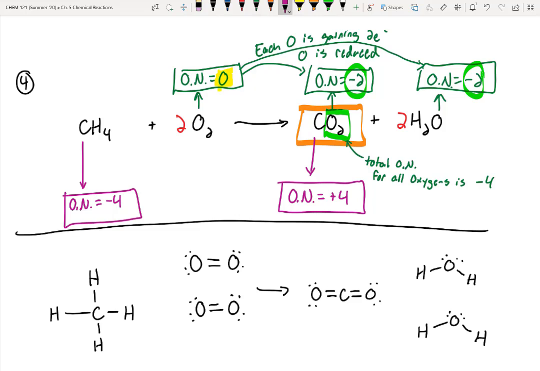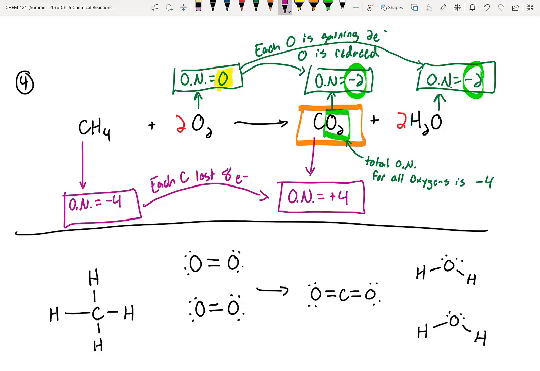Okay, so now we can look at this and ask, in this process, did we gain or lose electrons? We lost electrons. We lost how many electrons? 8. Exactly. So each carbon lost 8 electrons. That's a huge transfer of electrons.